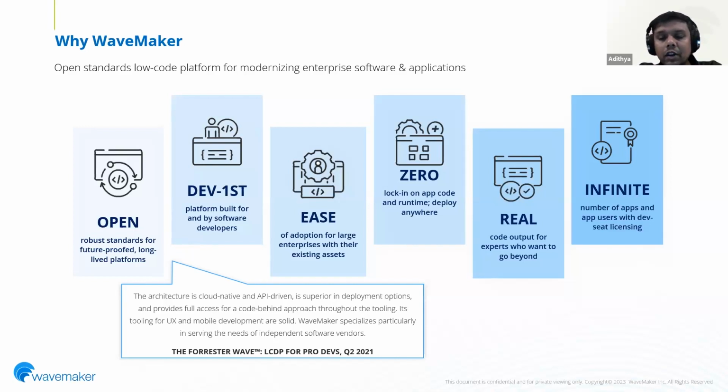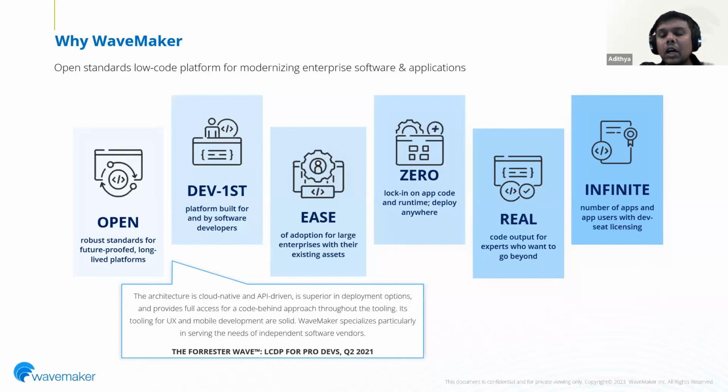We also generate code. For each project or task that you do in WaveMaker, we generate real code, which is readable, maintainable, extensible, and portable as well. You can also continue to manage your code outside of WaveMaker through your respective IDE of choice.